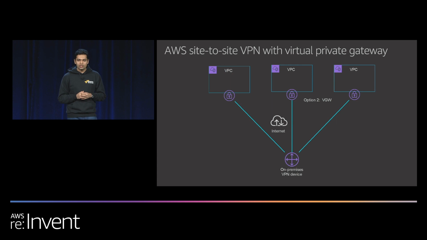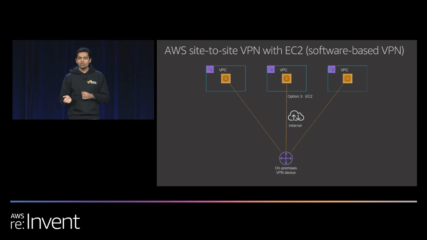The second model is to terminate your site-to-site VPN connection on a VGW, which is called Virtual Private Gateway, and that is attached to an individual VPC. And in the third option, you terminate your VPN on an EC2 instance, which is running VPN software, either from AWS Marketplace, or it could also be running something like OpenSwan, StrongSwan.